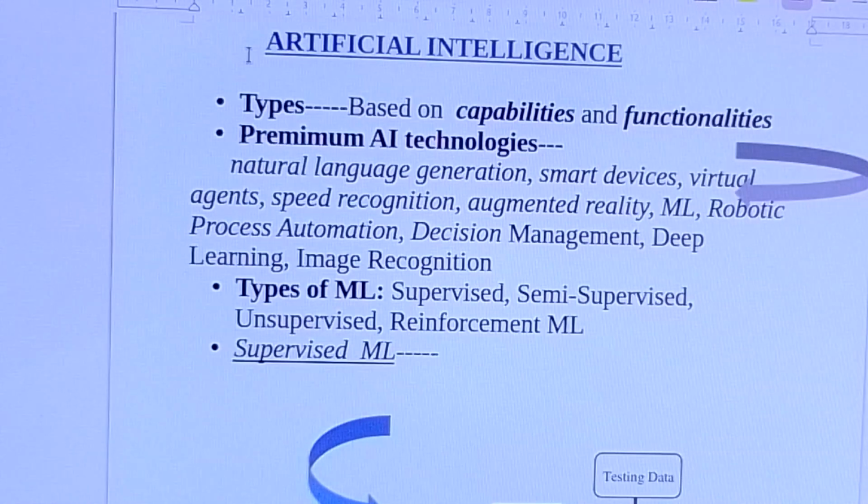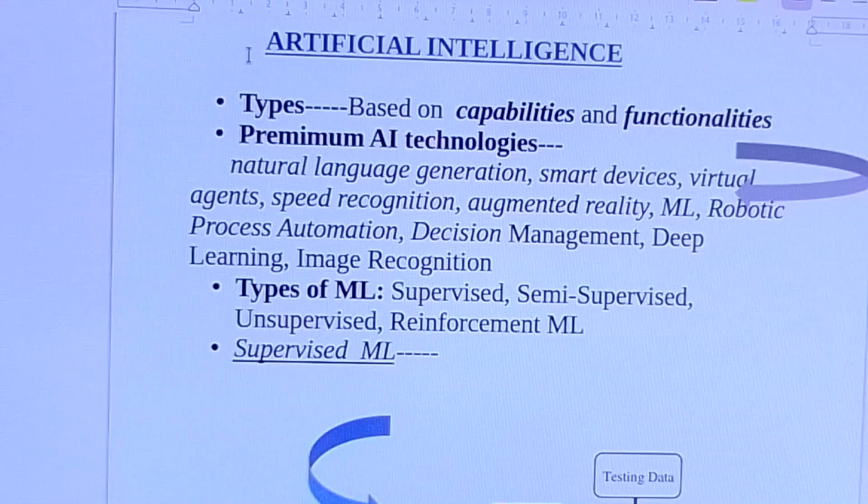Now there are several types of artificial intelligence. So let's delve into that. AI can be categorized into a total of 7 parts based on the capabilities and functionalities.